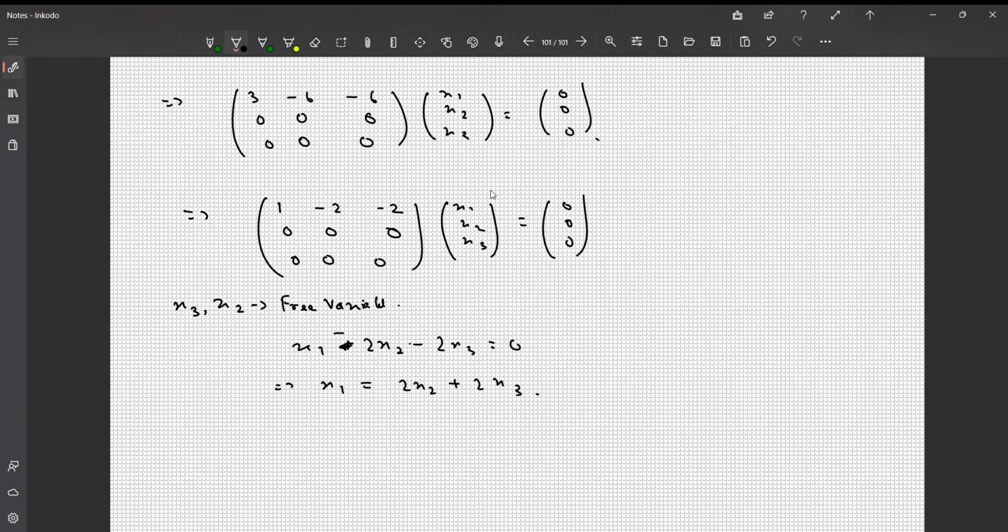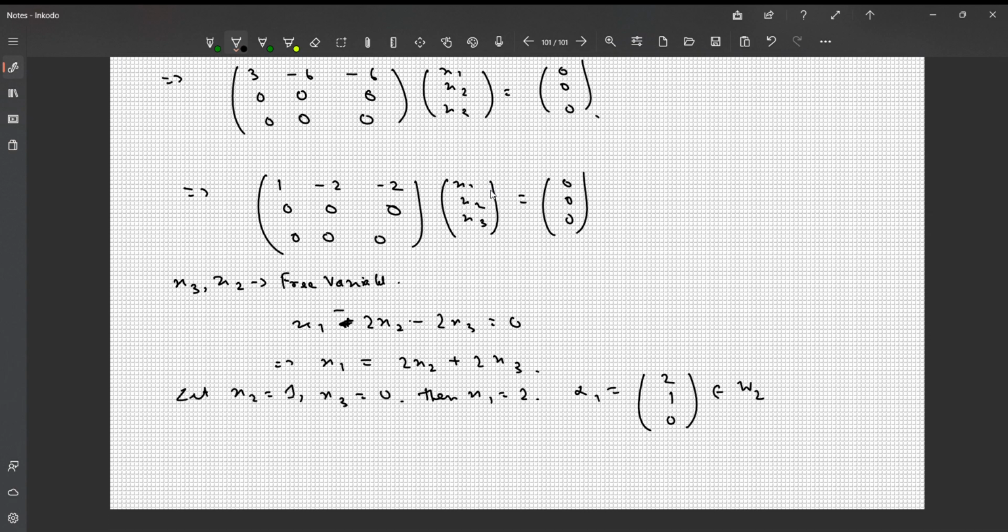So what we do is, let x2 be equal to 1 and x3 be equal to 0. Then x1 is equal to 2 and we get the following vector. Let's say alpha 1 equals 2, 1, 0, belonging to W2.